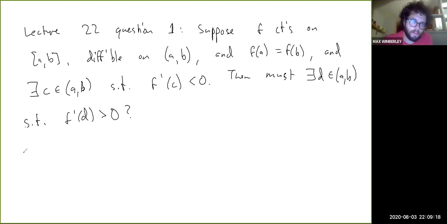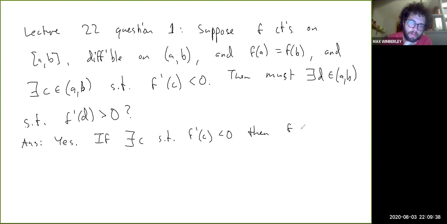Okay, so the answer is yes. And here's how we can see. If there exists a c such that f prime of c is less than 0, then f cannot be constant.